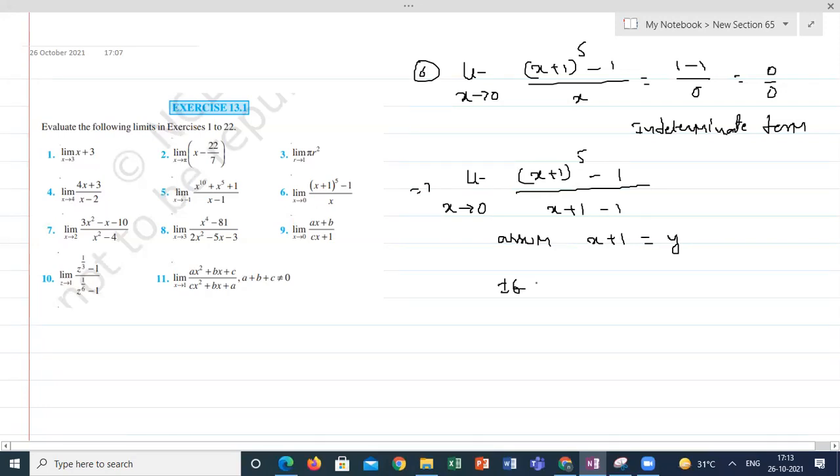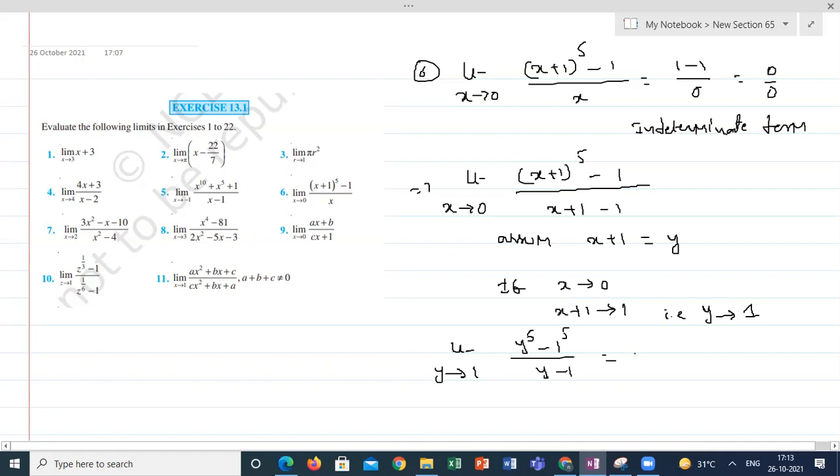So if x tends to 0, x plus 1 tends to 1, that is y tends to 1. So limit y tends to 1, y power 5 minus 1 power 5 by y minus 1.